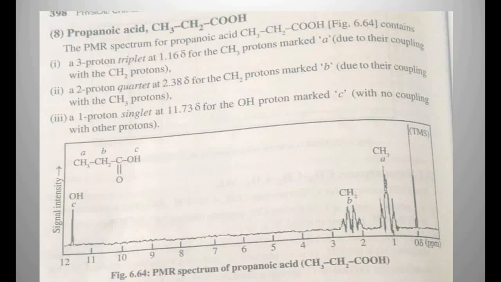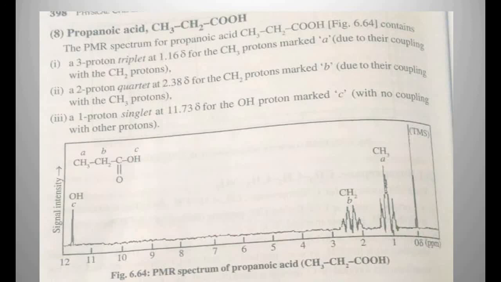The next is a 2 proton quartet at 2.38 delta for the CH2 proton, marked B, due to its coupling with the CH3, and there is no coupling with the OH. So the spin-spin coupling for CH2 is only from CH3.